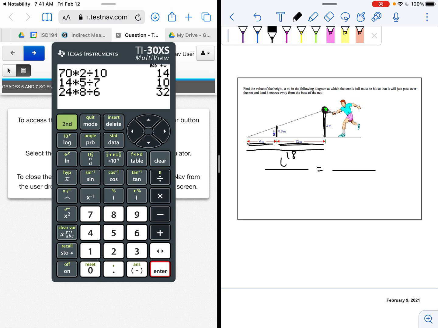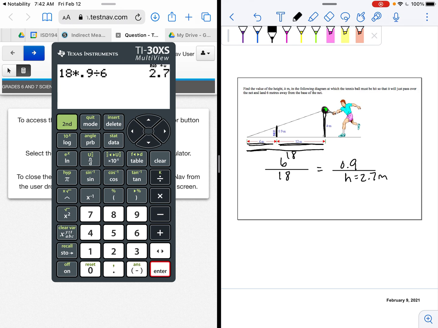So the 6 relates to the 18. The 0.9 has to go across from the 6, and I am looking for the height. So I have 18 times 0.9 divided by 6. And the height of the racket is 2.7, and again, it is meters.